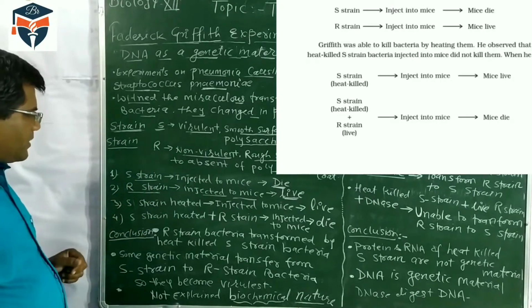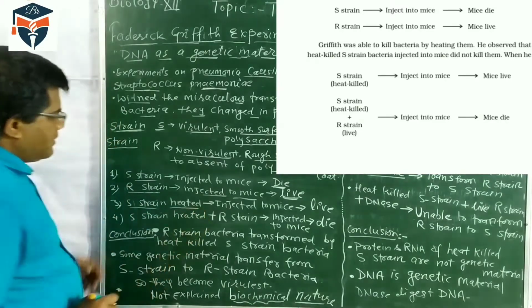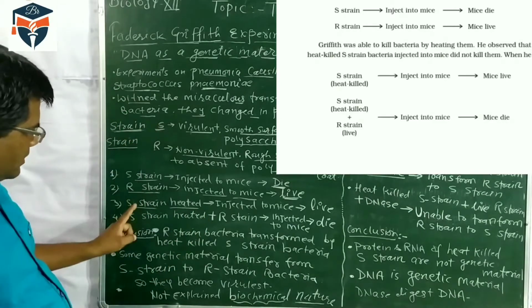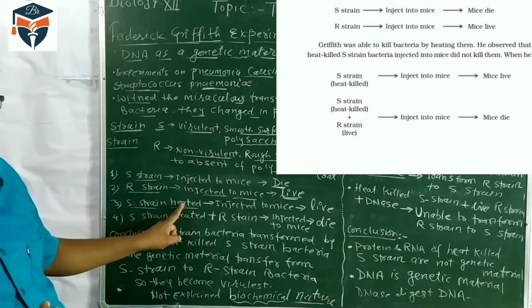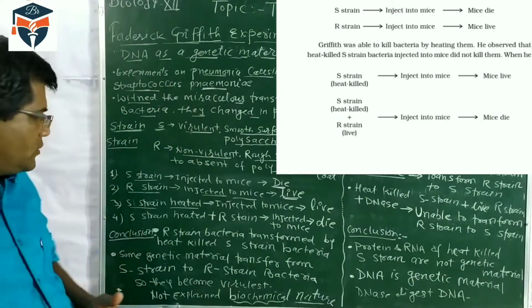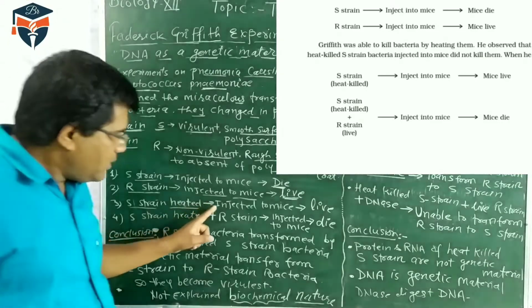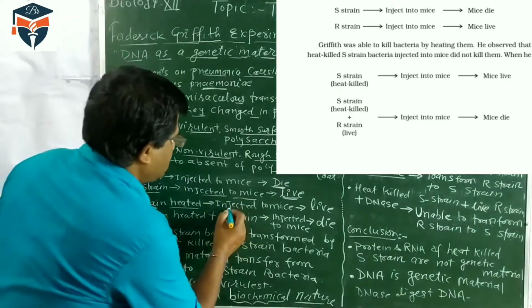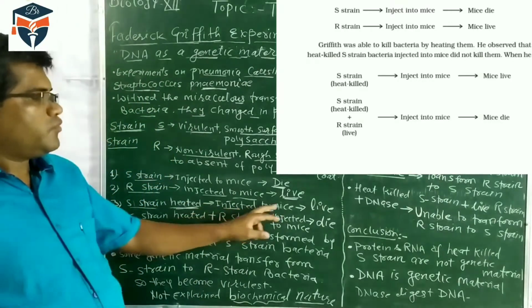Now the third experiment: the S strain is heated. When the S strain is heated, what happens? The bacteria die due to the heating. It is heated and injected into the mice.